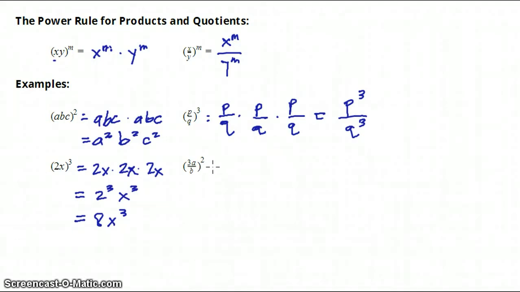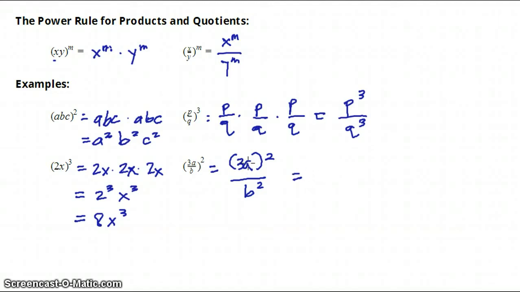So this time I'm going to first start with the power rule for quotients. I'm going to take that exponent, the 2, and apply that to the numerator, 3a. So I've got 3a to the second power. And then it's also going to apply to the denominator, which is the b. So I'll have b squared down in the denominator, or the bottom part of that quotient.